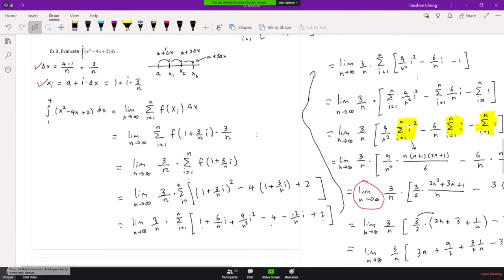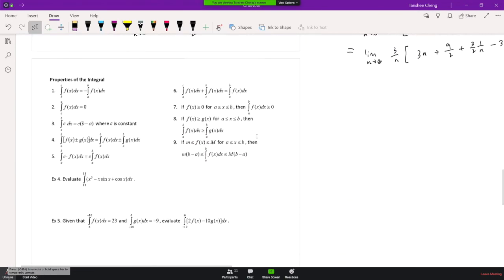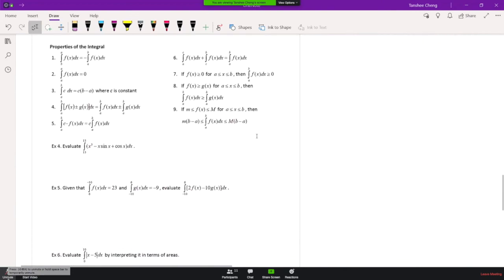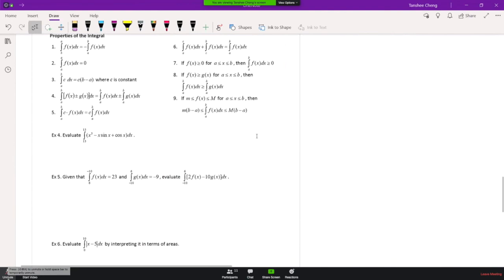So, looking at these properties of the integral, now here's the interesting part right here. Okay, this is what I want you to remember.